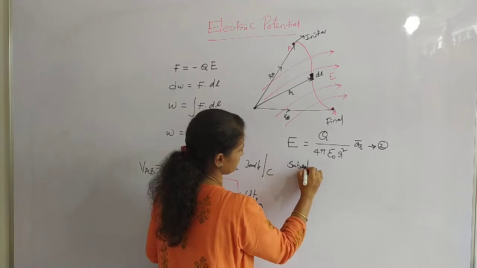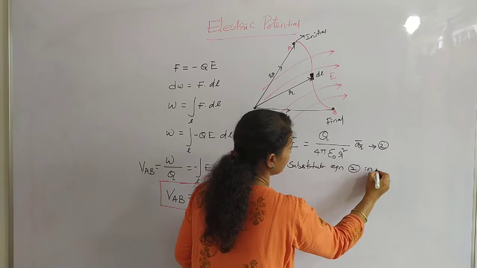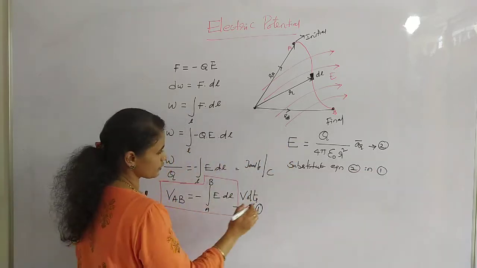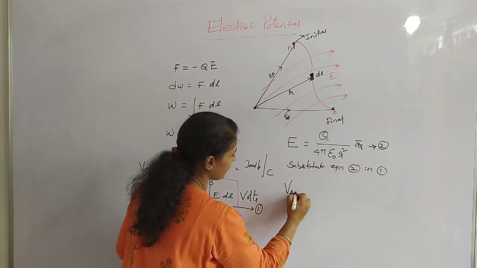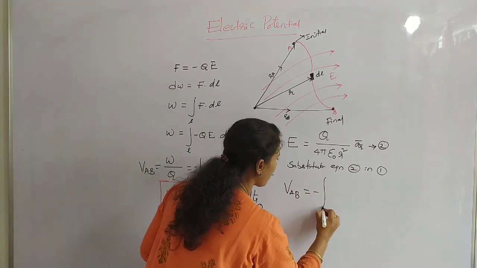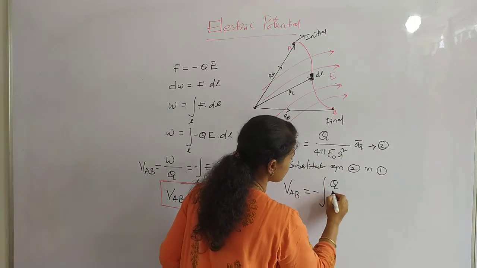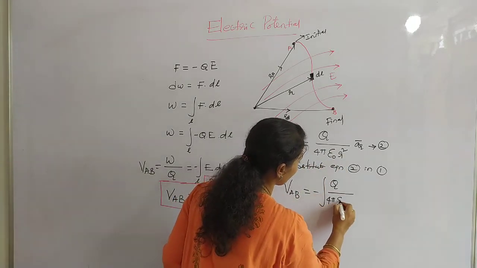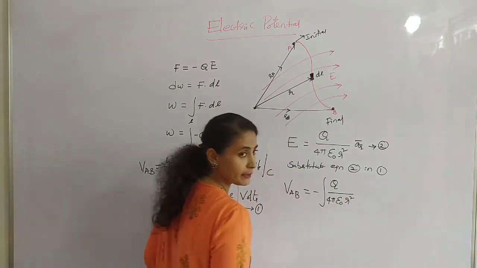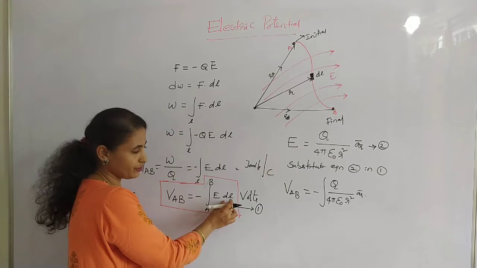Substitute equation 2 in 1. Okay, so VAB is given by minus integration of E into dl. The E can be given as Q upon 4 pi epsilon naught R square into AR. This is E into dl.